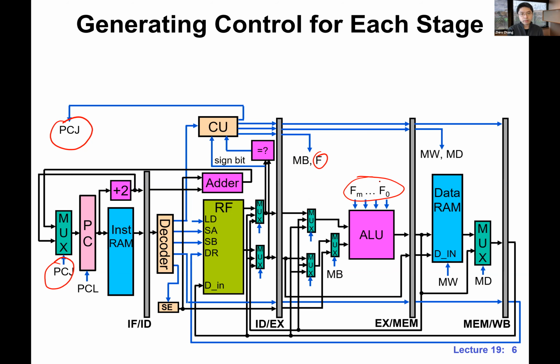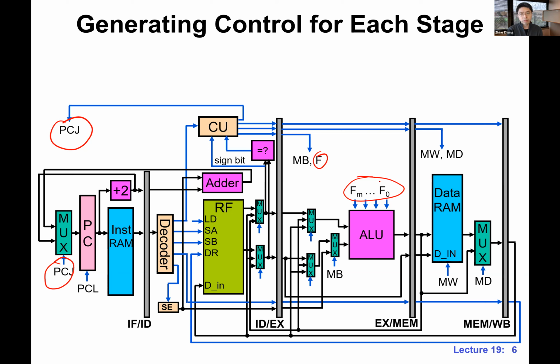Next stage is the MM stage, where MW and MD are consumed. Again, these are already generated, but actually propagated. Let me be more precise. They're generated in the ID stage. The decoder parses the instruction and sends the additional input to the CU, and the CU generates the right control word, and all of this will be propagated and consumed at certain stages.